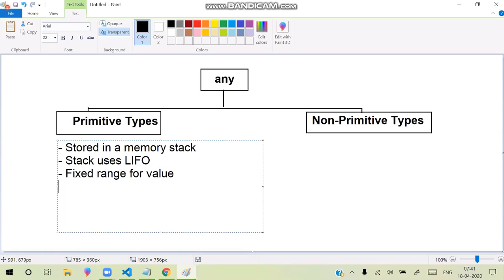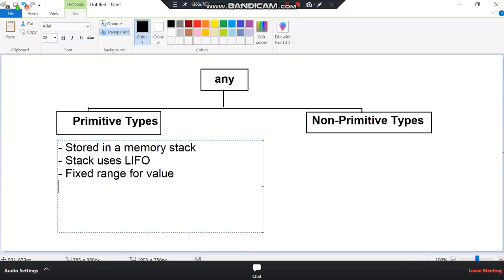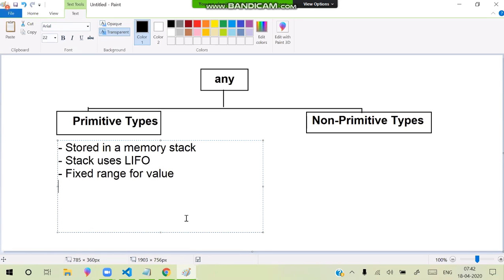We can exactly tell that the value will be within this range, between a minimum and a maximum. So primitive types are stored in a memory stack and they have a fixed range for value.